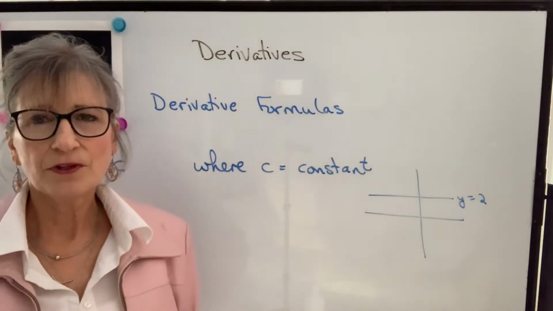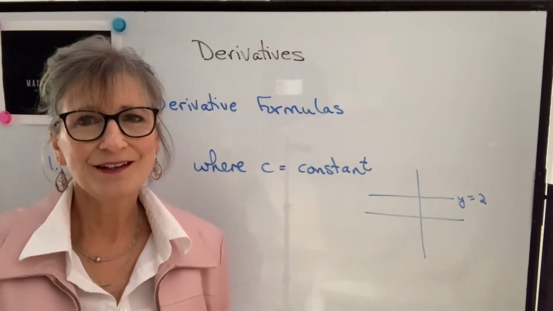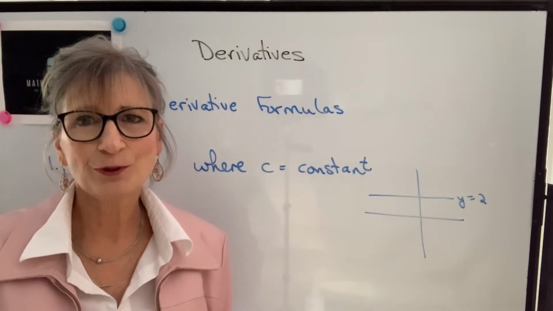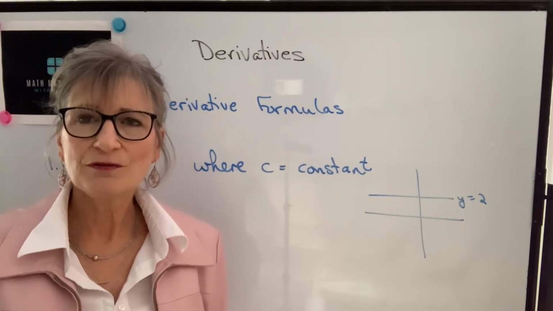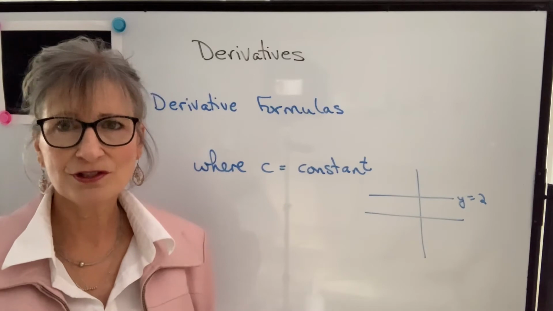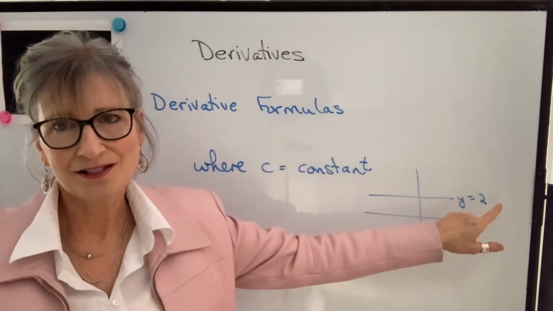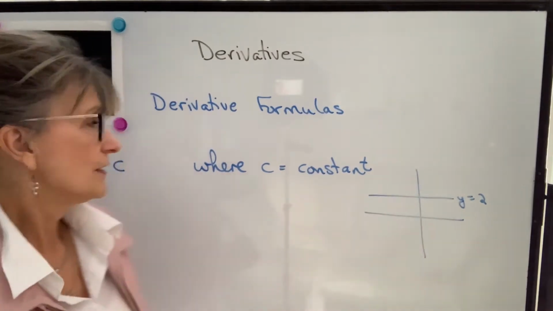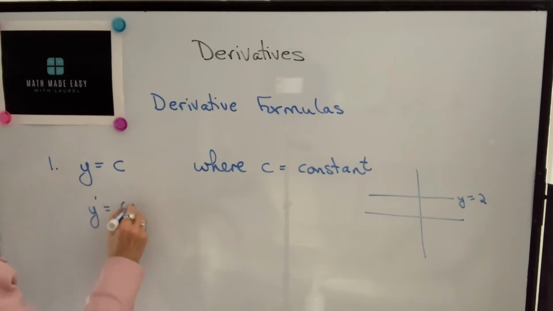The idea of a function being constant tells us right away that the rate of change of that would be 0. Constant means it doesn't change. And remember, derivative means instantaneous rate of change of a function. So if you take a look at this function, y equals 2, it never changes. It stays 2 for all values of x. So the derivative of a constant is 0.